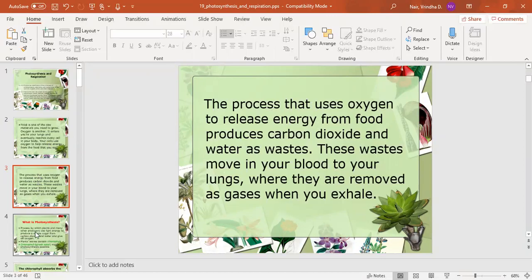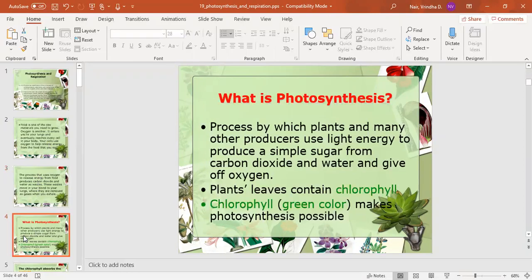What is photosynthesis? The word photo means light, and the word synthesis means to produce. Photosynthesis is the process by which plants and many other producers use light energy, carbon dioxide and water to produce simple sugar, and give off oxygen. The sugar that we eat is also sugar, right?